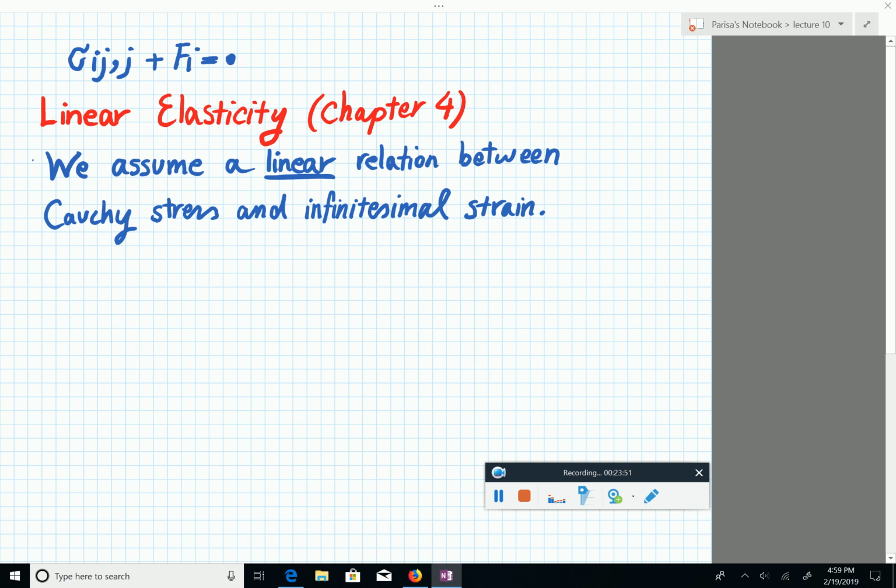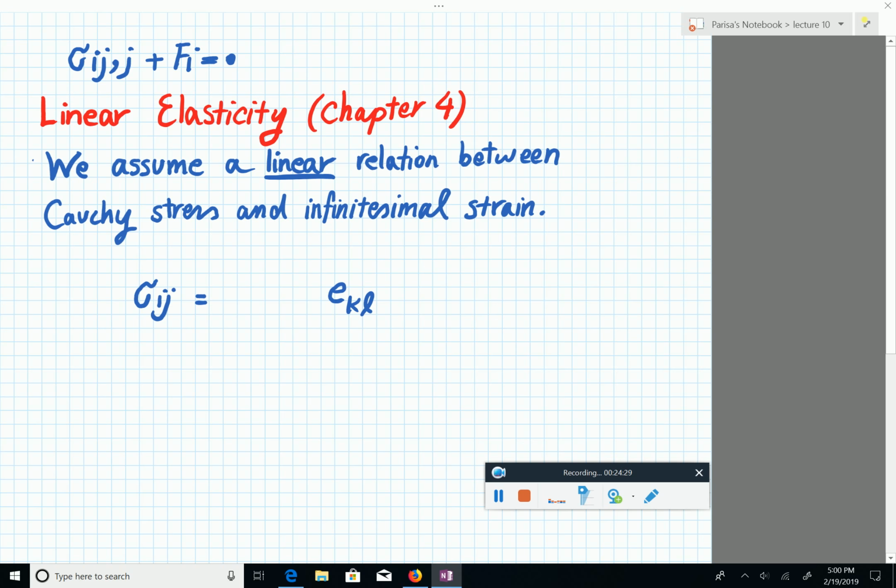So a stress is linear in a strain. We cannot just talk about linear by itself. We already know what a stress is and how to write it. It's a second order tensor. I hope after today you will never forget why. And then a strain is also a second order tensor. So now, what would connect a second order tensor to a second order tensor? A fourth order elasticity tensor.